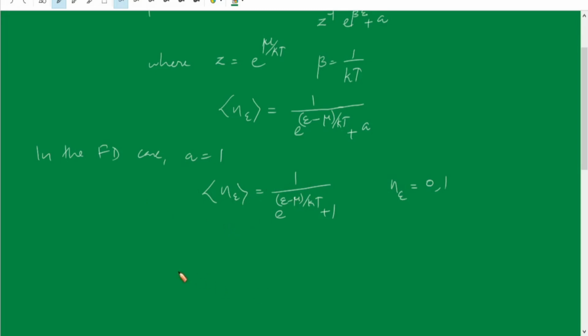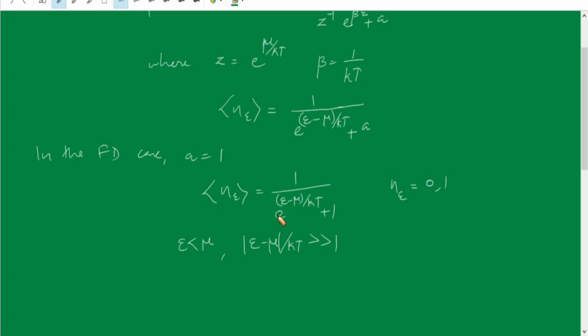Okay. Now if the energy of a level is less than the chemical potential, and also the modulus of E minus mu divided by kT is very much greater than 1, then the value in the exponent is a large negative value.